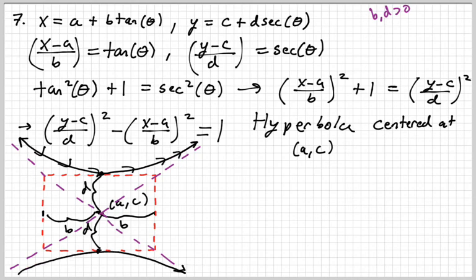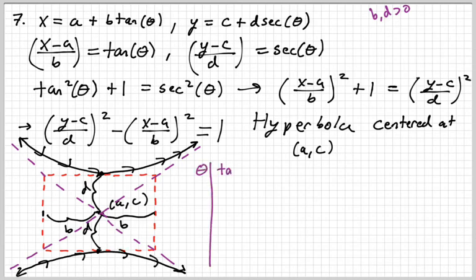And then again you can go ahead and use your values of theta to get an idea of what is going on in terms of the orientation. So let's see if we can follow the orientation here.